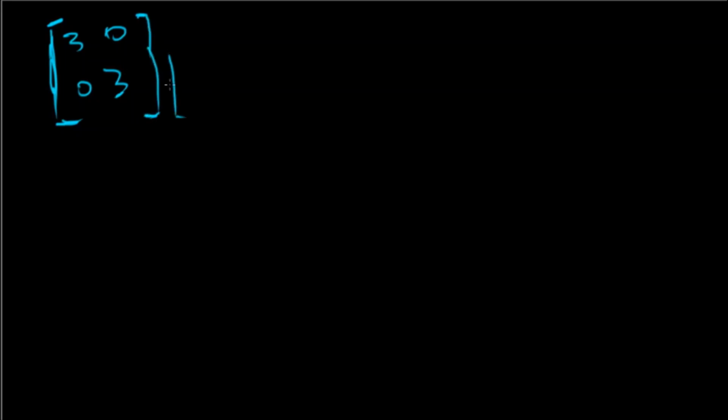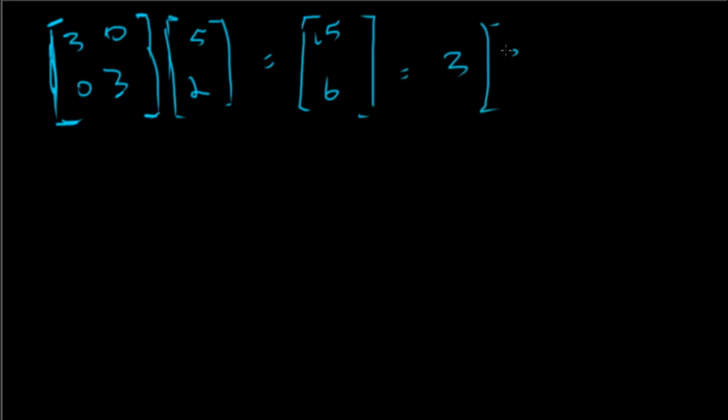All right, so let's do this once again on that convenient vector 5, 2. What happens? We're going to get 15 plus 0, 15. And we're going to get 0 plus 6, which is 3 times 5, 2. So what is this function doing?